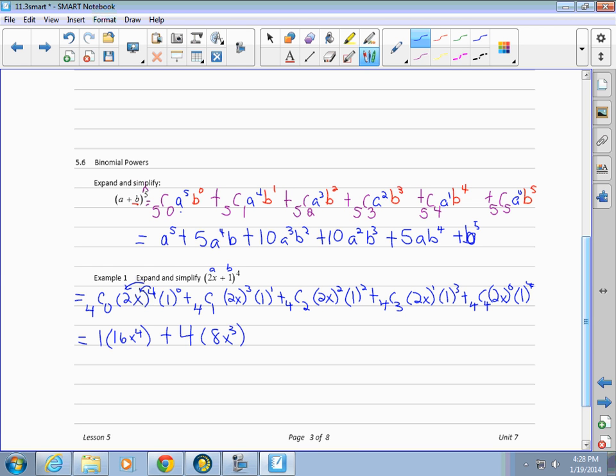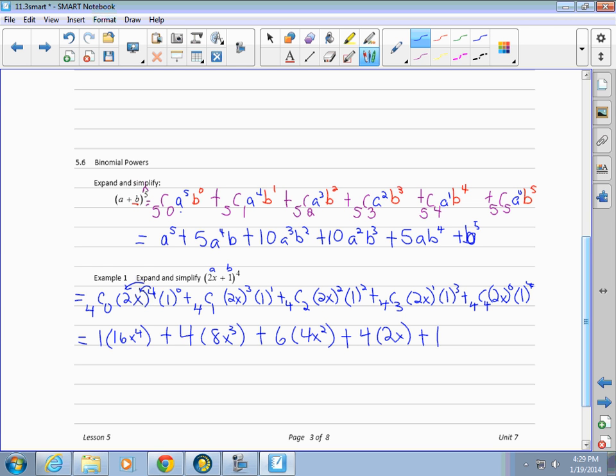Times 1 to the power of 1 is just 1. Plus 4 choose 2 is 6. 2x squared is 4x squared times 1. Plus 4 choose 3 is 4 times 2x times 1. Plus 4 choose 4 is 1 times 2x to the power of 0, which is just 1, times 1 to the 4th, so it's just a 1.